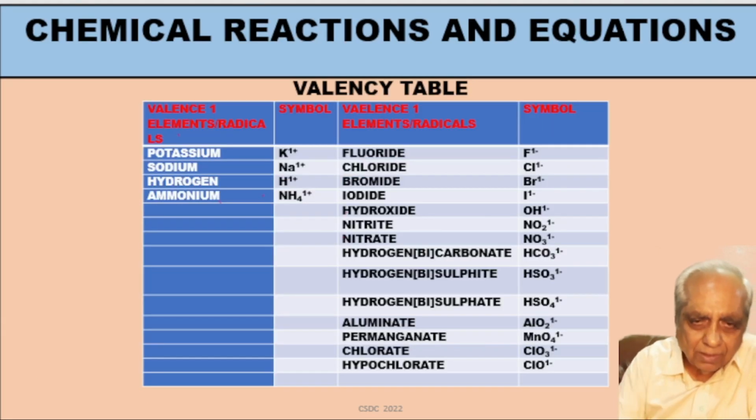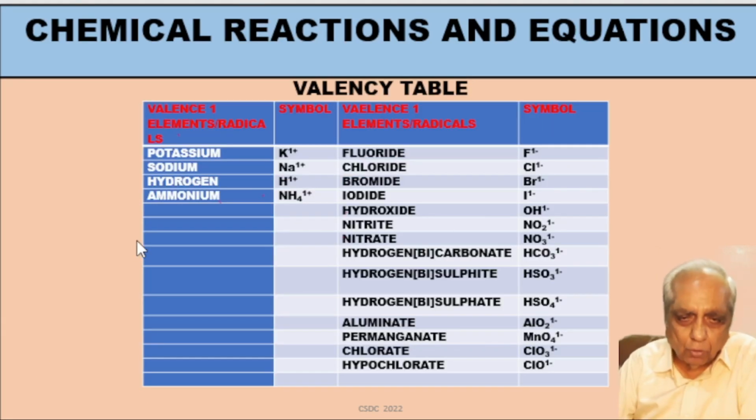Now I will give you some homework, because we have studied in the previous class that metals have 1, 2, 3 or 4 electrons in their outermost orbit. To reach a more stable condition, they want to lose those electrons. The number of electrons that they want to lose is called valency.